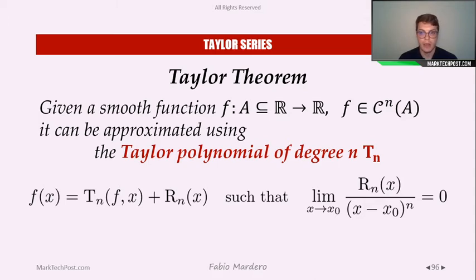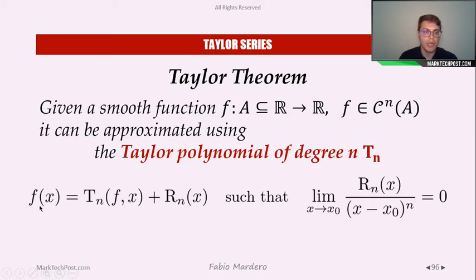We can then use the Taylor polynomial to state the Taylor theorem. We say that this smooth function, that can be differentiated n times, can be approximated using this Taylor polynomial of degree n.